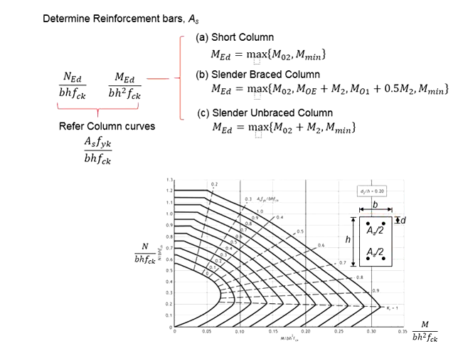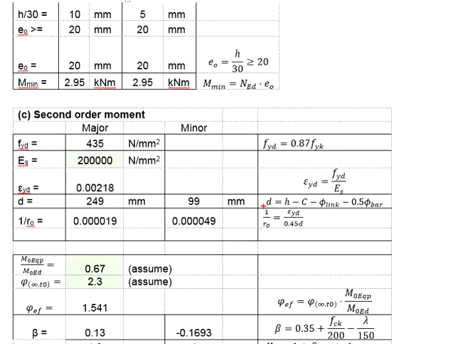The effective depth is calculated by the h minus the concrete cover 35 minus the shelling 6 mm and minus half of the bar size, which is 20 mm divided by 2, as expressed in the equation here. For the major axis, your h would be 300, whereas for the minor axis, your h would be 150.